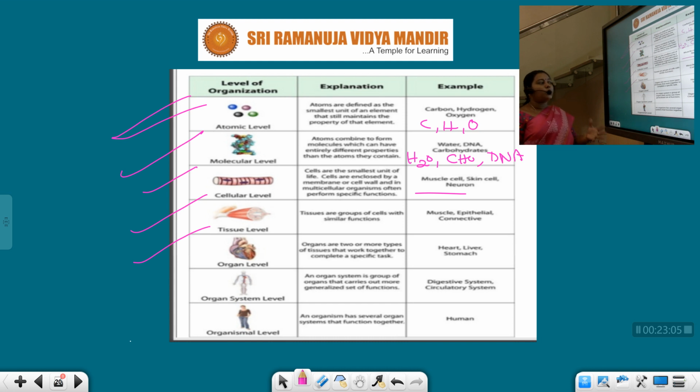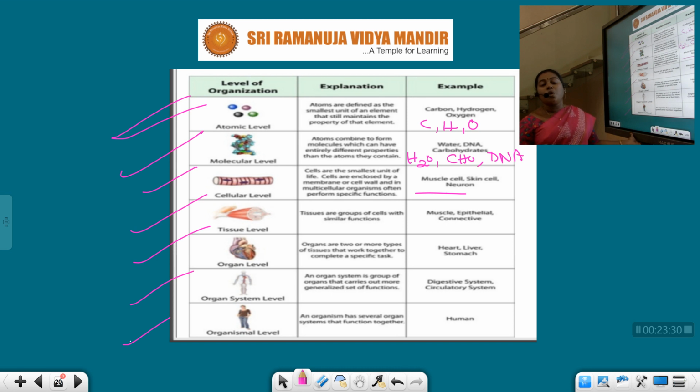Organs are two or more types of tissues that work together to complete a specific task: heart, liver, and stomach. Organ system level. An organ system is a group of organs that carries out a more generalized set of functions: digestive system, circulatory system. Organism level. An organism has several organ systems that function together, like a human.